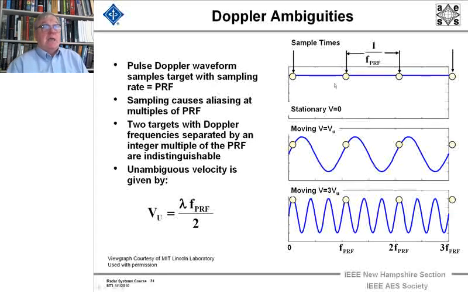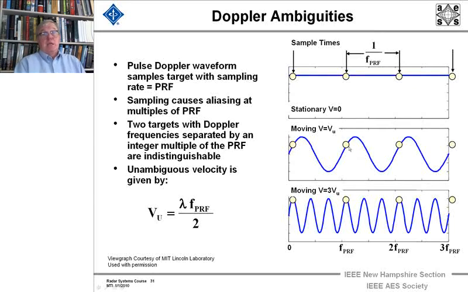Now say we take a target with 0 radial velocity. It's just going to be a constant number, and we sample it at the sample time at 1 over the PRF, or the T sub PRI. We're going to get a constant number. If a target is moving at the blind speed, you're going to get the same constant number.